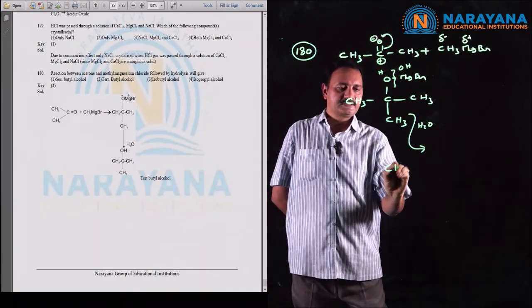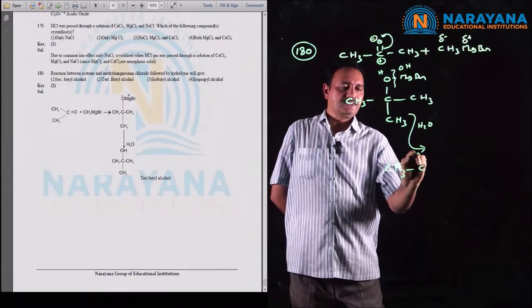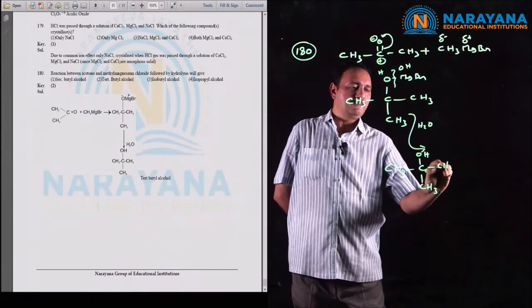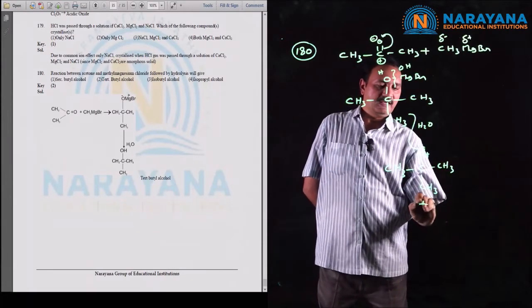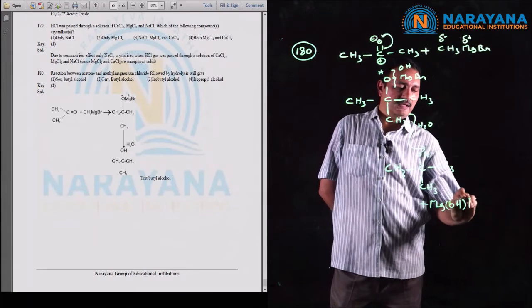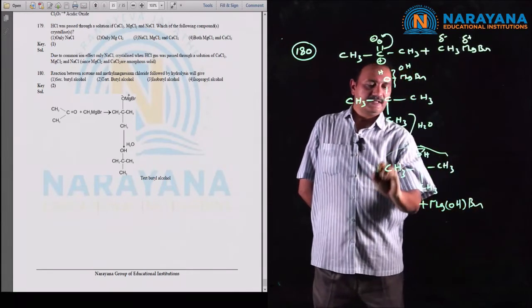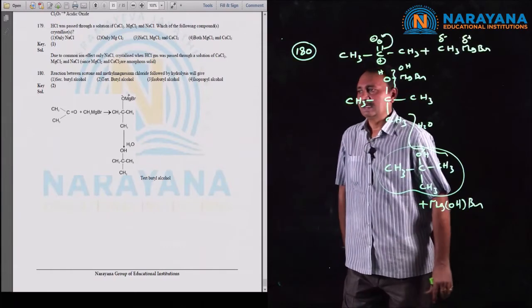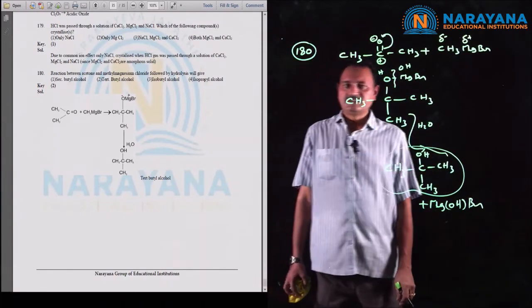Now the product is CH3, COH, CH3, CH3 along with MgOH, Br. This is the major product, tertiary butyl alcohol. Now the answer is the second option.